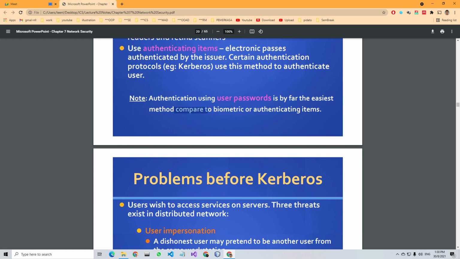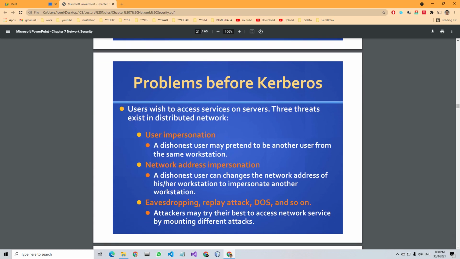Problems before Kerberos were user impersonation, network address impersonation, and eavesdropping. Because these threats exist in the network, the idea of creating Kerberos came about.